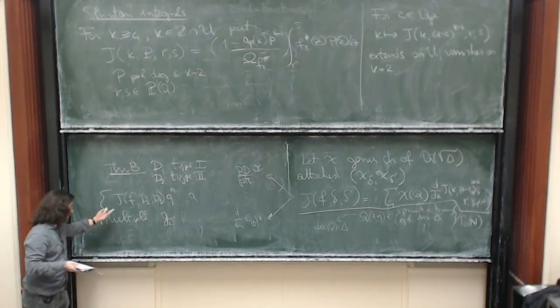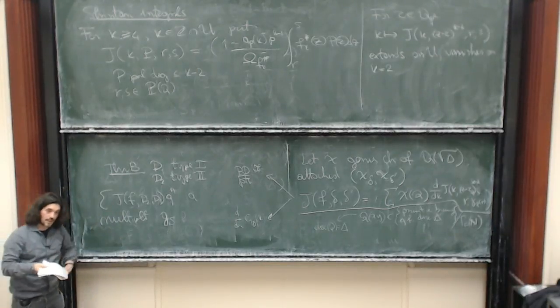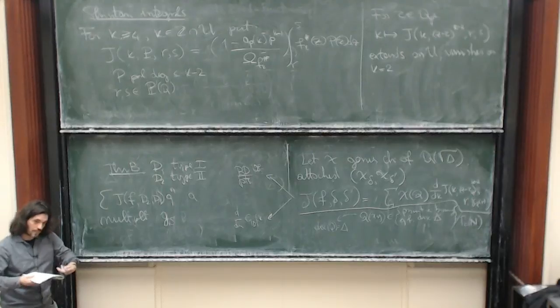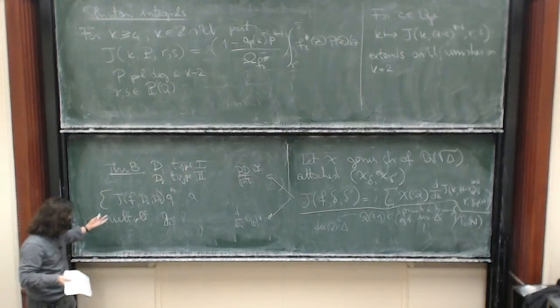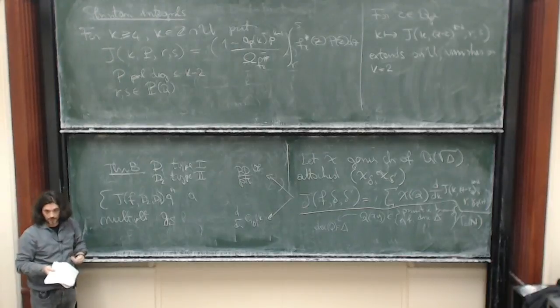So one can understand this result as a kind of p-adic generating series for this modular form, in the spirit of Kudla's program.